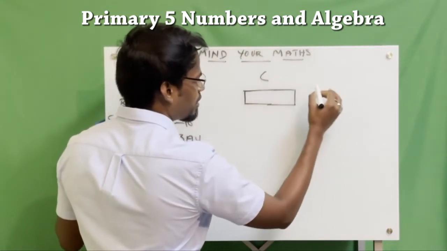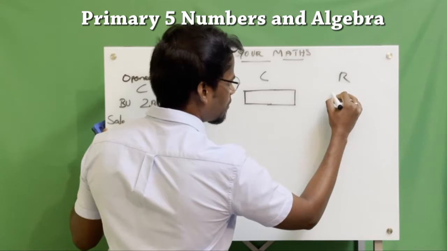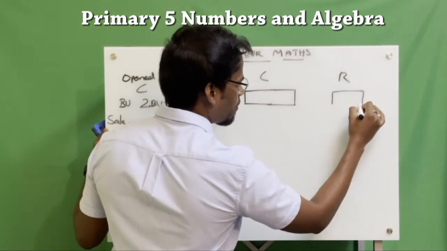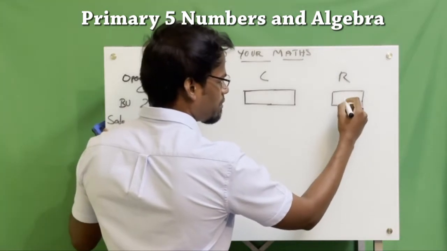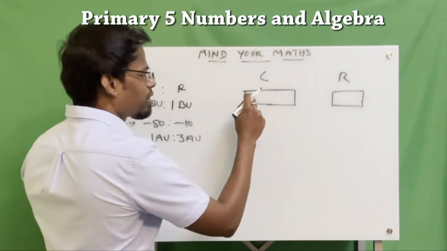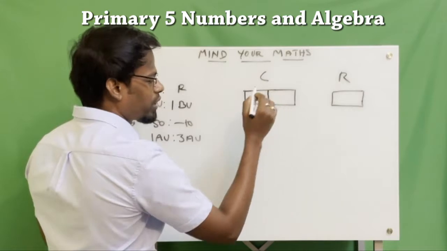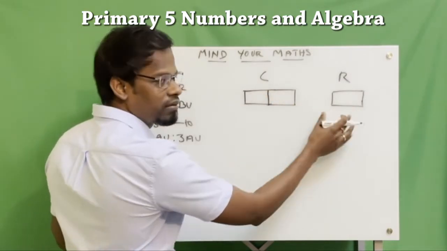This one is carnations and this is roses. Rose before sale was 1 unit, but the carnation had 2 units of the same size.